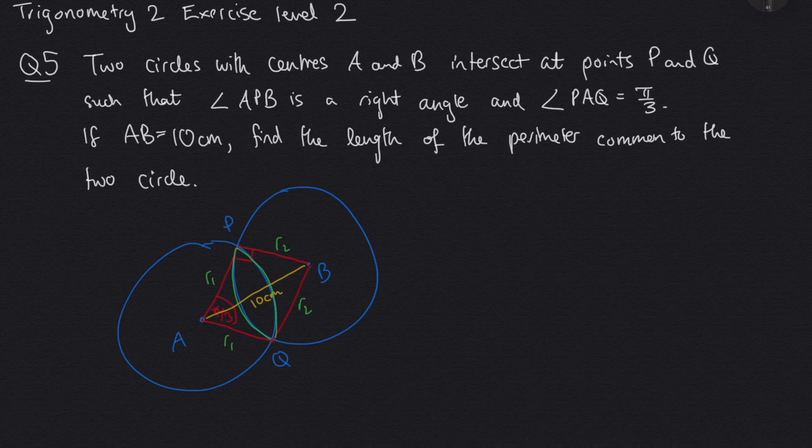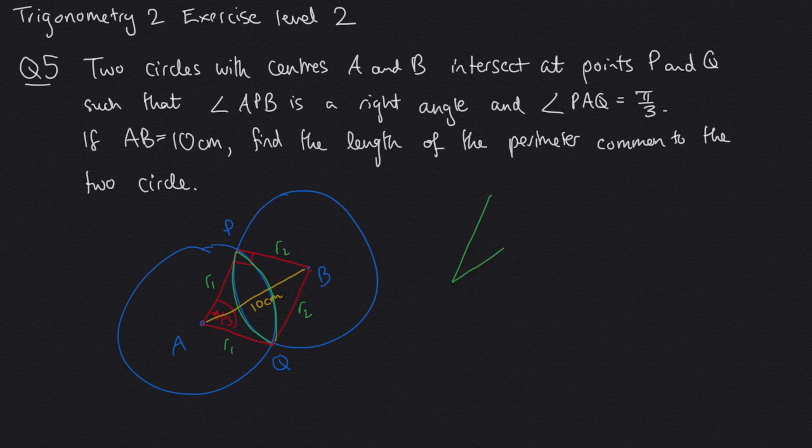So let's draw out the triangle APB. We know that this length here is 10 centimetres, and because those two triangles are congruent, we know that this angle is half of pi over 3, which is pi over 6.